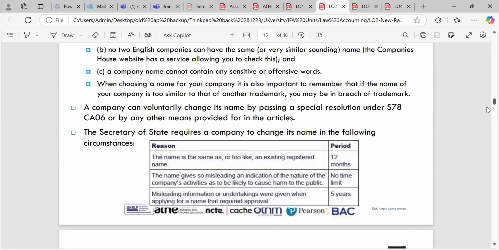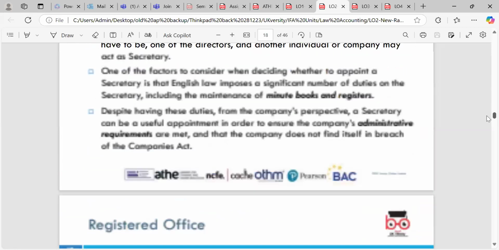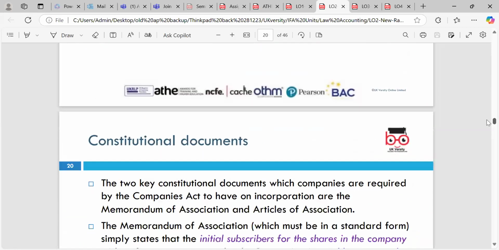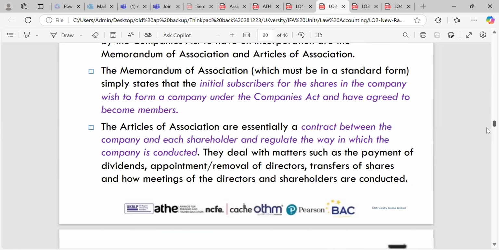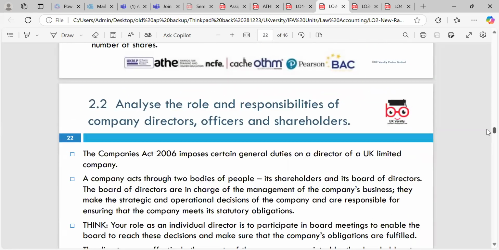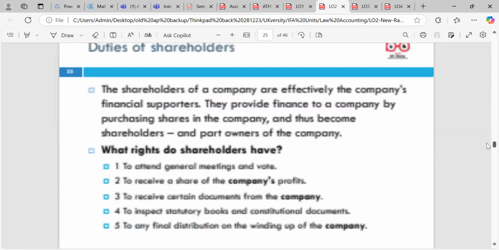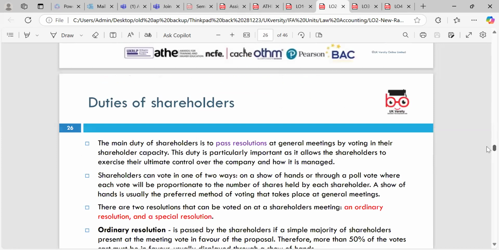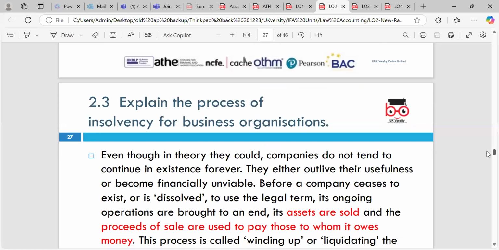We went further into directors, secretaries, memorandum and articles of association. Then 2.2, we discussed the role and responsibility of directors and shareholders. Shareholders are the owners of the company, and directors in a public limited company can be agents.